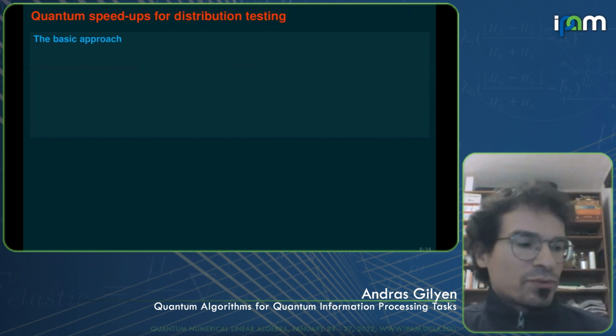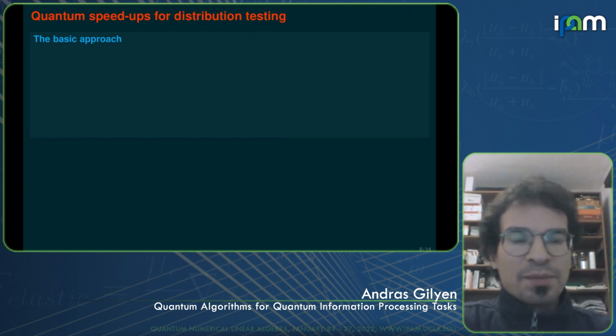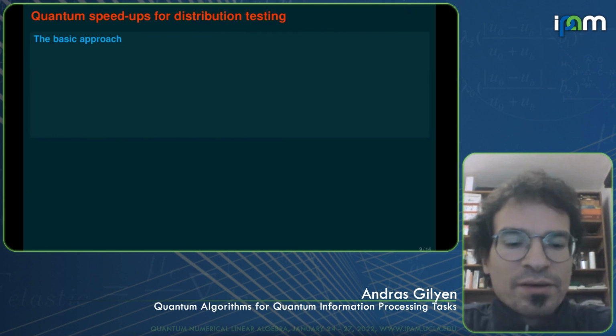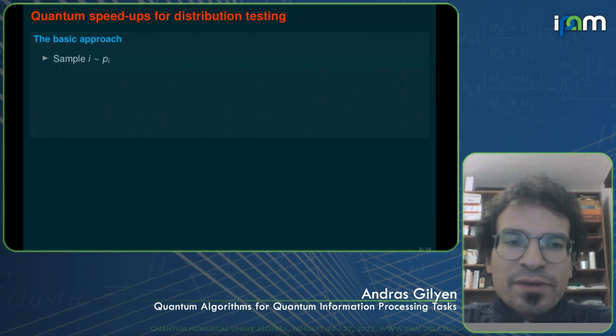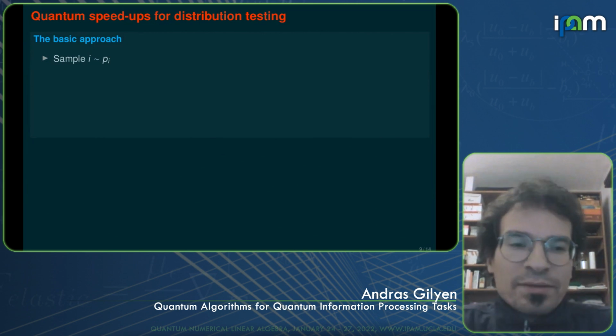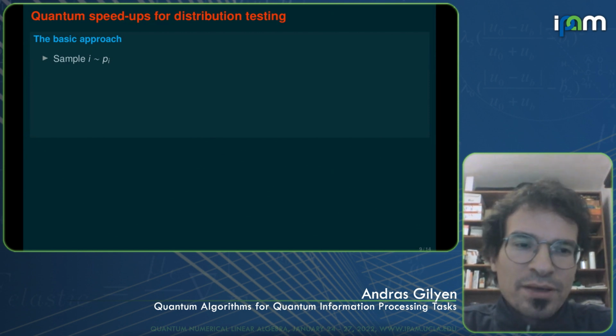Now I turn to explain 3 problems in information processing where you can natively apply these techniques. The first one is application to distribution testing, where I just describe a basic classical algorithm and then how to improve it quantumly. So one approach is that you first have an unknown distribution P. You first sample an i with probability Pi.